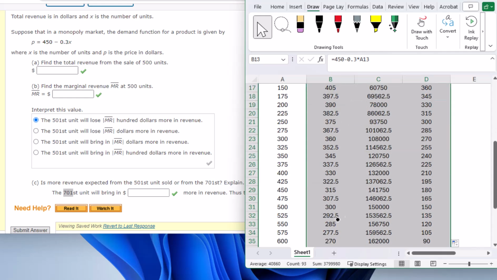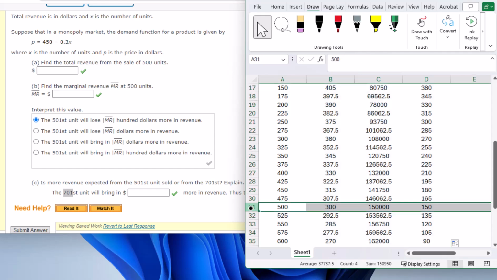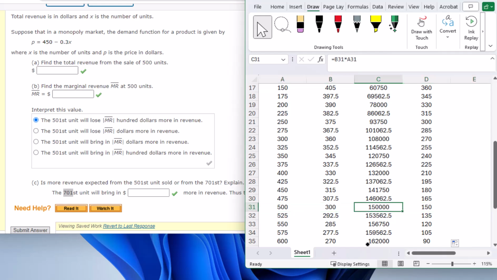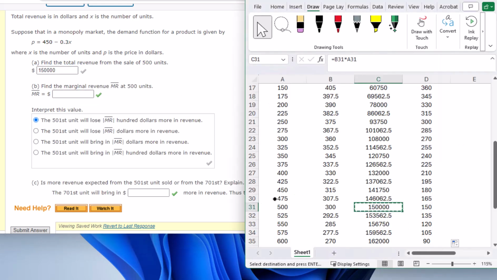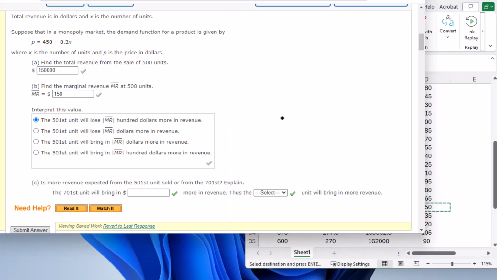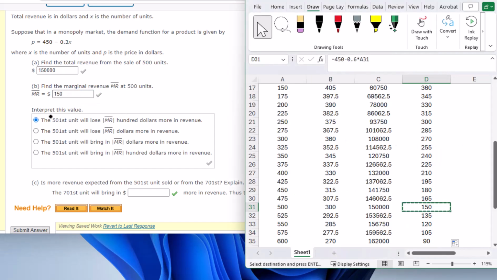So the first question, at 500 units, what's the marginal revenue? Oh no, what's the total revenue? Total revenue is 150,000. Marginal revenue is here, 150. And then compare, what does that mean?